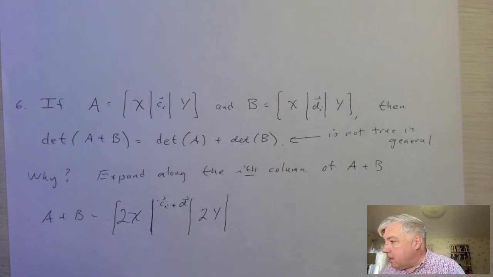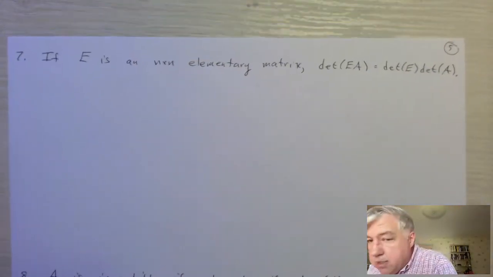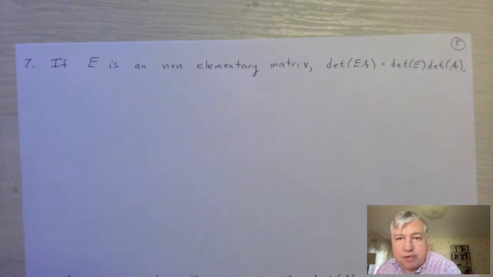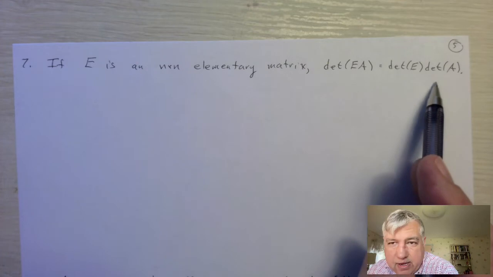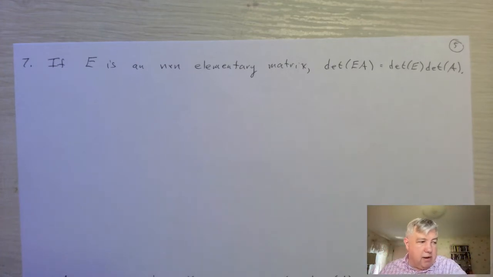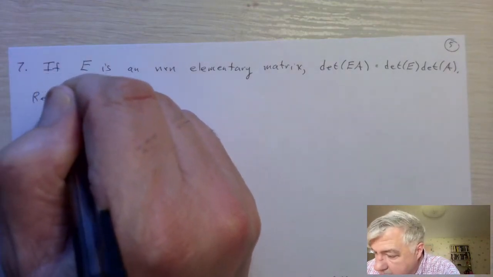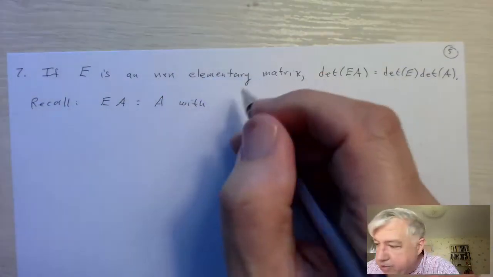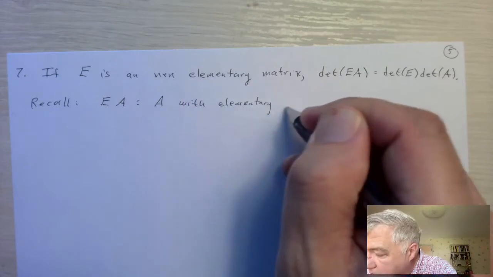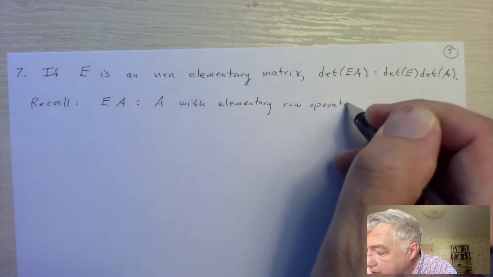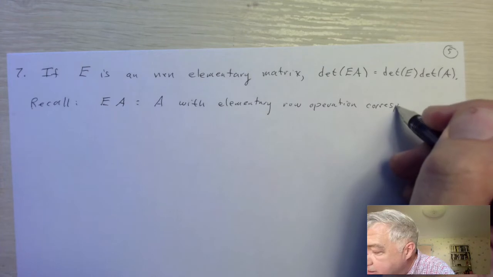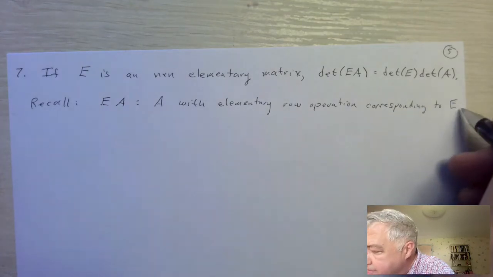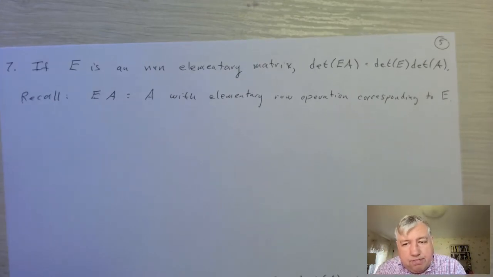Let's go to number 7. It says that if E is an n by n elementary matrix, the determinant of EA is the determinant of E times the determinant of A. And the key here is to recall that EA is A with the elementary row operation corresponding to E. And remember, E is the identity matrix with a single elementary row operation applied to it.